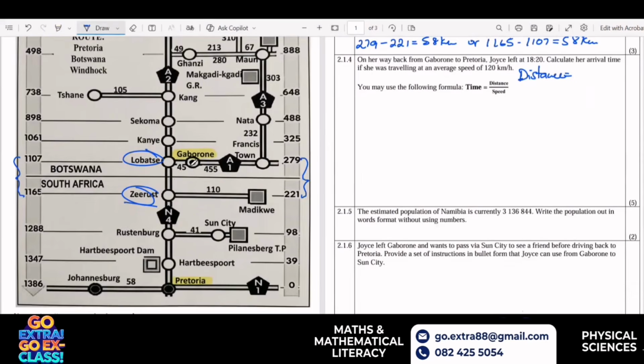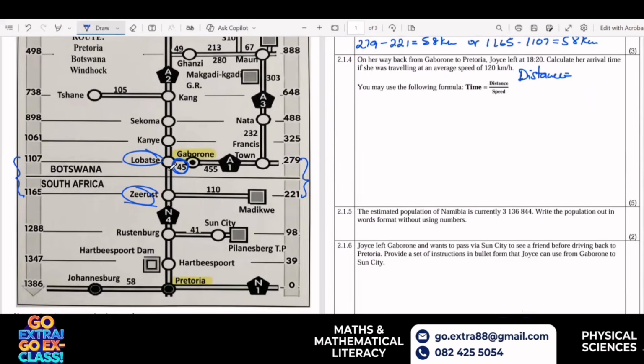So from Gaborone to Labotso, to get to the main road, the distance is given there as 45. So from Gaborone you must come to the main road, which is A2. This is a highway, a national road.